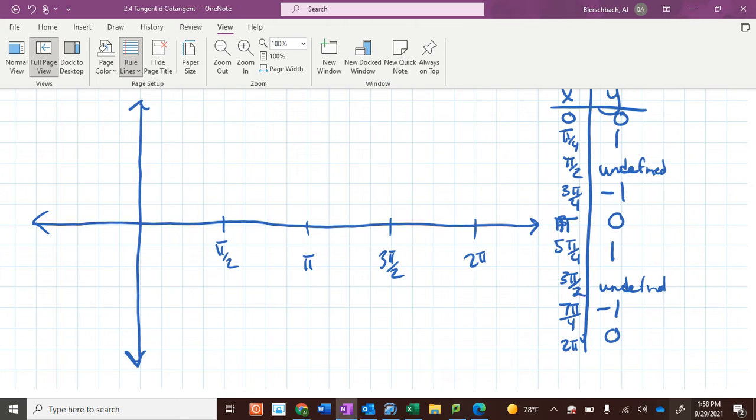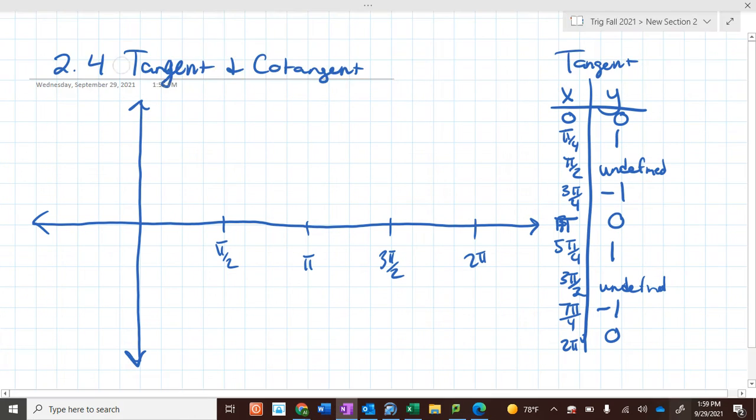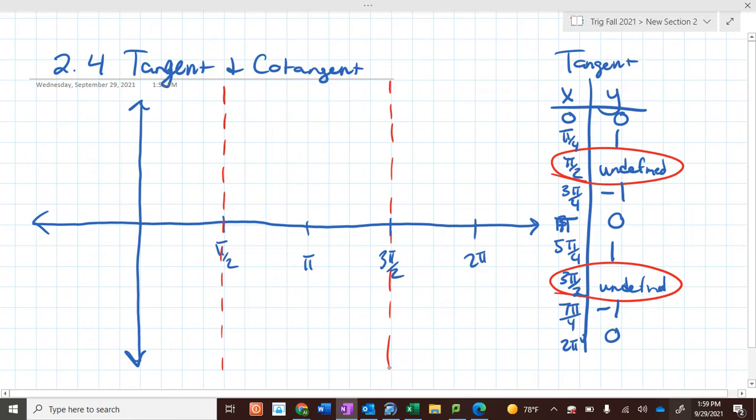So what I want to do right now is put in my asymptotes. I have asymptotes at pi over 2 and 3 pi over 2. Okay, and I'd have another one over here at 5 pi over 2.